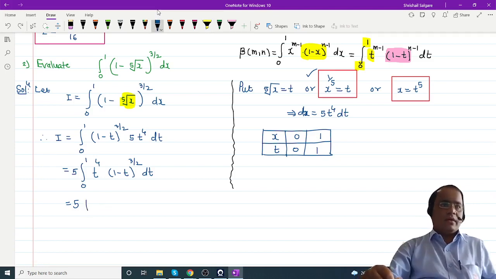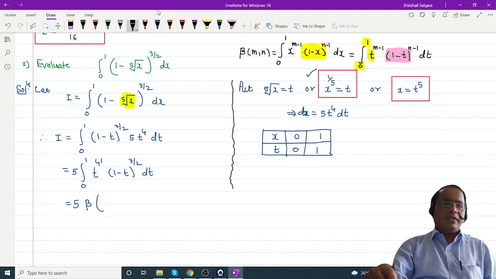Beta of 4 and 3 by 2 plus 1. What I required here is t to the power something minus 1, so you have to make the adjustment. Here I will write plus 1 minus 1. And the second parameter also needs the adjustment, plus 1 minus 1.